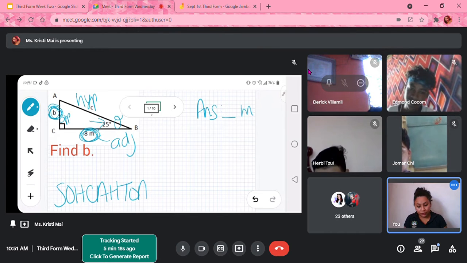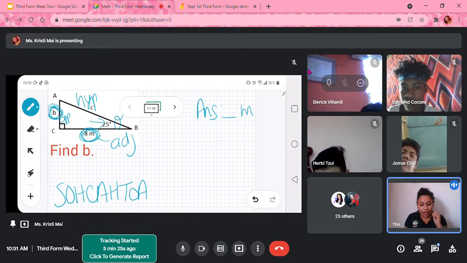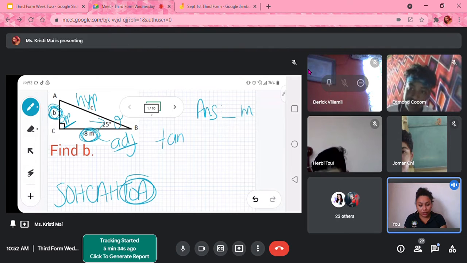Sine has opposite, hypotenuse, cosine has adjacent, hypotenuse, and tangent has opposite and adjacent. So in this case, I'm working with opposite and adjacent, so I have to use tangent. So I'm going to use tangent of theta is equal to opposite over adjacent.